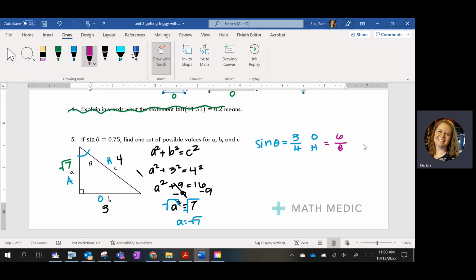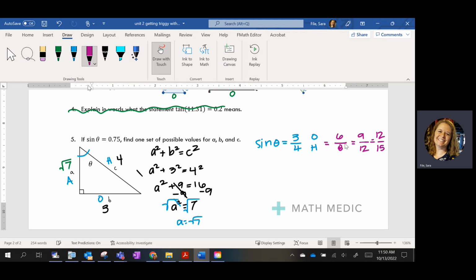Or you could have gone even bigger. You could have said 9 to 12, or 12 to 15. Hopefully you get the gist of that.